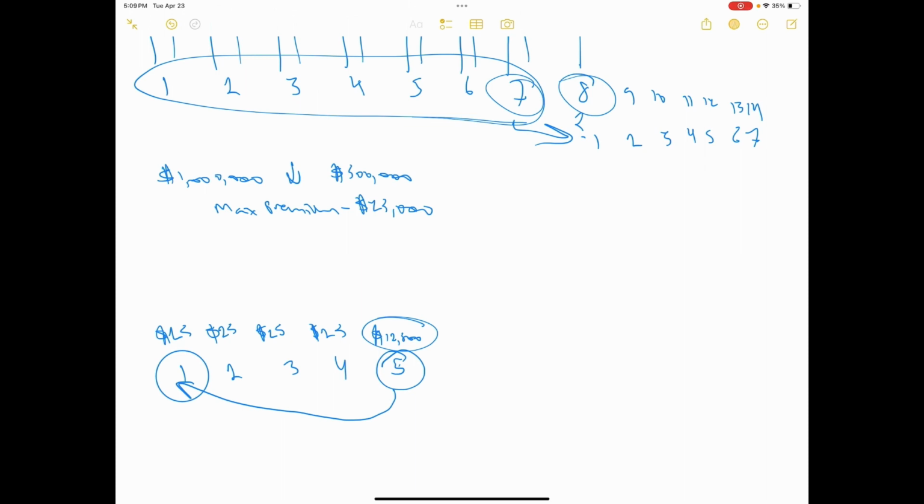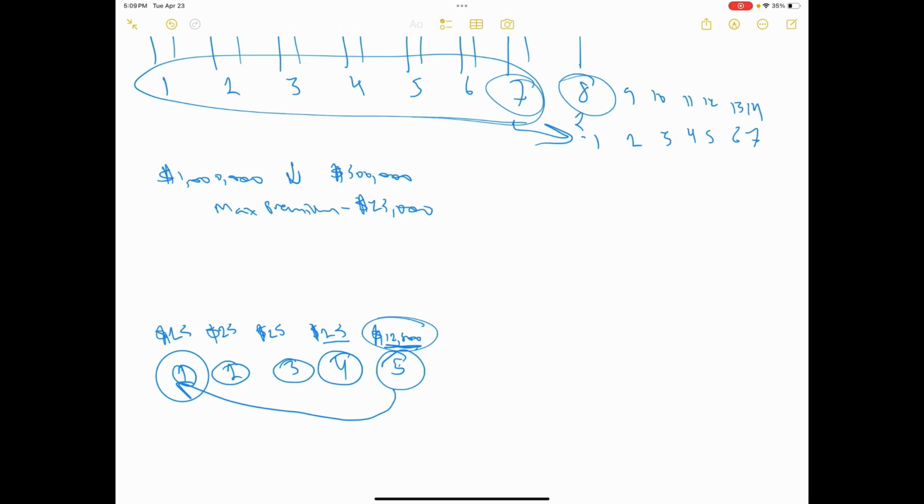So if you made any premium payment in years 1, 2, 3, or 4 that were in excess of $12,500, you will have violated the modified endowment contract test, and you will now have a modified endowment contract on your hands. This $25,000 payment that you have made is going to violate the test.